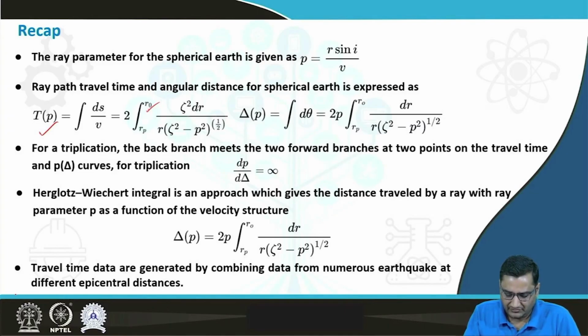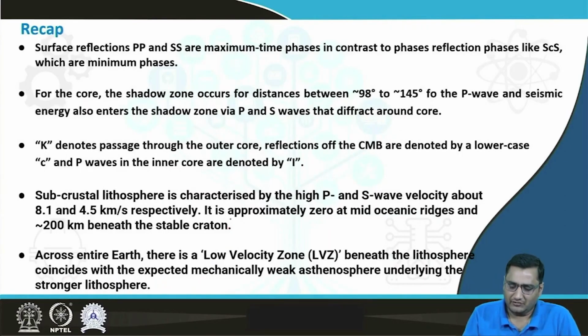Then we learnt about the travel time data that are generated by combining data from numerous earthquakes at different epicentral distances. Then we also learnt about the different phases and their nomenclature, and that the name of a particular phase can give us an idea about the travel path through which the phase has traveled. Then we have seen some surface reflections such as PP and SS.